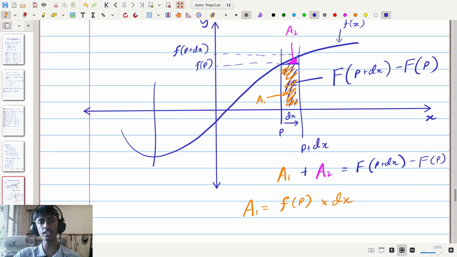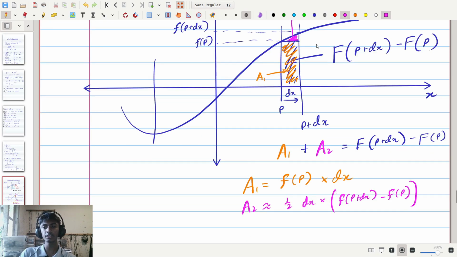So then we have a height here of f of p plus dx minus f of p. As for the width, it is dx. So therefore, area 2 is approximately equal to half times base times height. So half times base, dx, times height, which is f of p plus dx minus f of p.